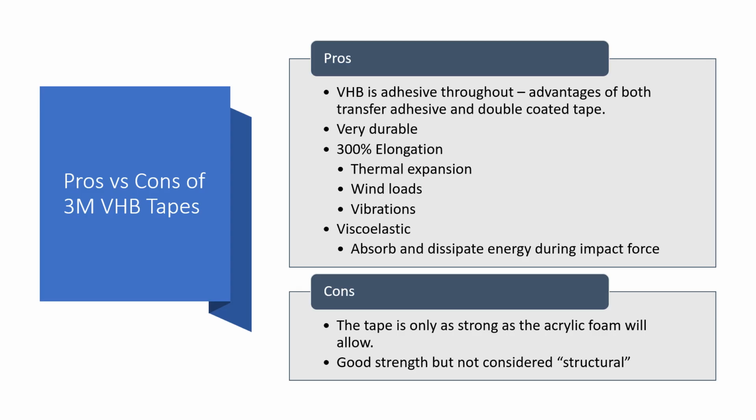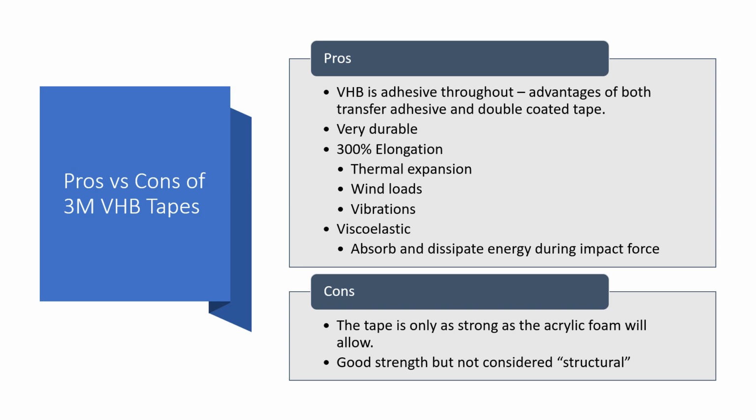There are many benefits to using a 3M VHB tape. You get the best of both worlds with a VHB tape, where it acts like a double-coated tape, where it has that body that makes it very easy to apply, and it also tries to wet out as a transfer adhesive tape, trying to reach all the peaks and valleys of a surface.